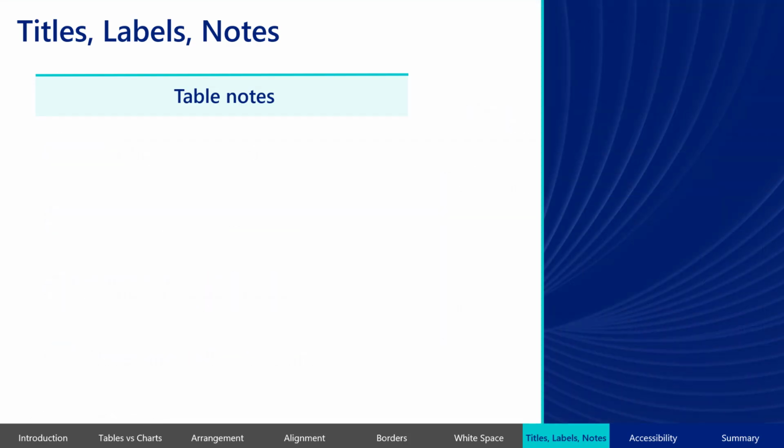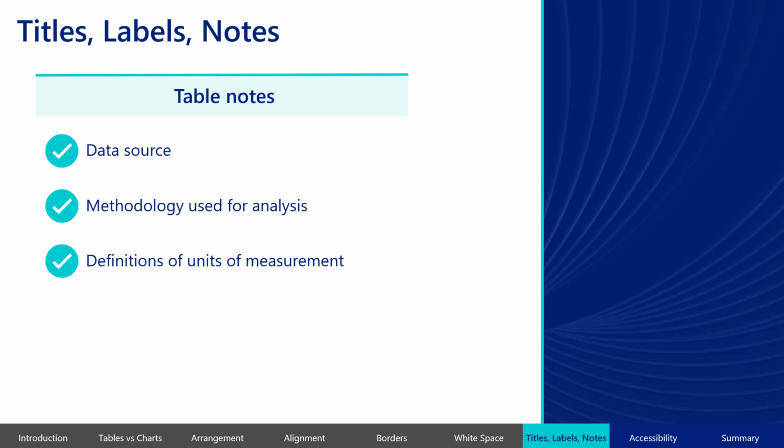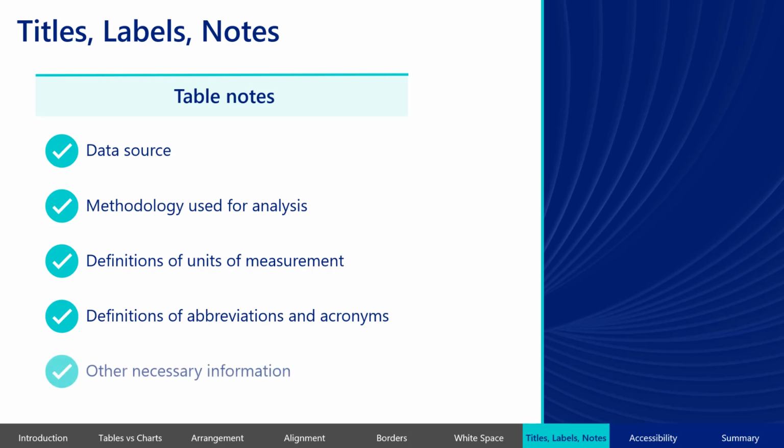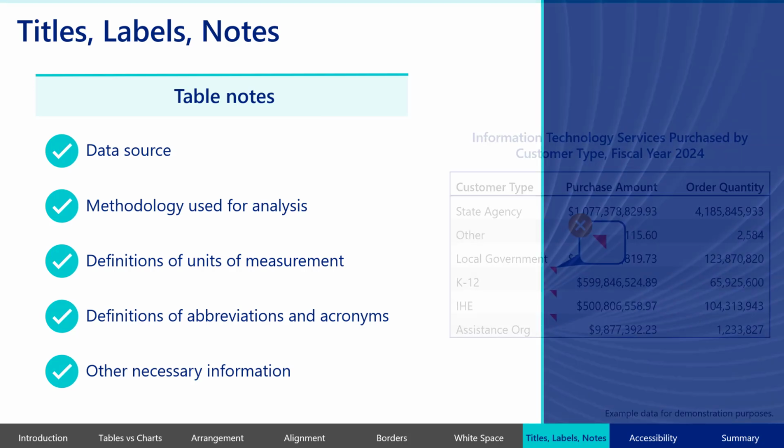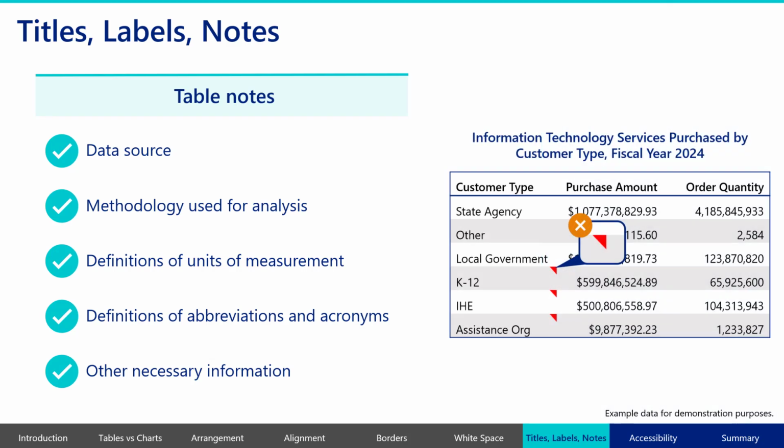Additional information found in a notes section may include the data source, the methodology used for analysis, including any exclusions or analytic manipulations, definitions of displayed units of measurement, such as time or distance, definitions of abbreviations and acronyms that may have been used, or anything else your audience may need to know to interpret the data accurately. Avoid using the Notes option within Excel workbooks, however, as they are easily overlooked and will not translate to print format, such as when embedding a table into a report or document.